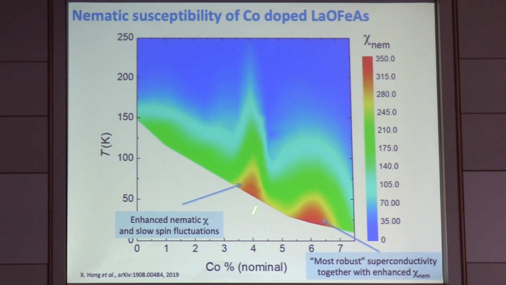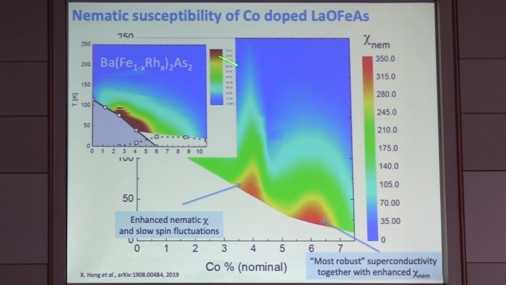And the second one at higher doping, where we have the superconducting dome. In some sense, we see both. And just looking at the data tells us there is a coupling between these nematic fluctuations and superconductivity. And as well, there is a coupling between spin fluctuations and nematic susceptibility. And the new message here is that you can really separate that in these materials. That's a new thing that you can do here.